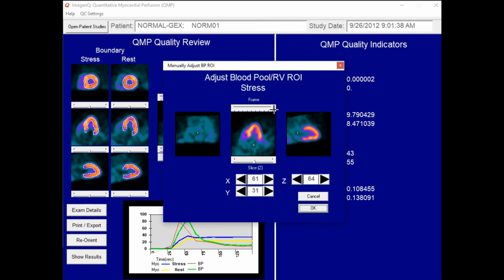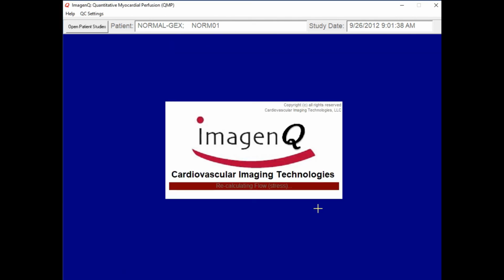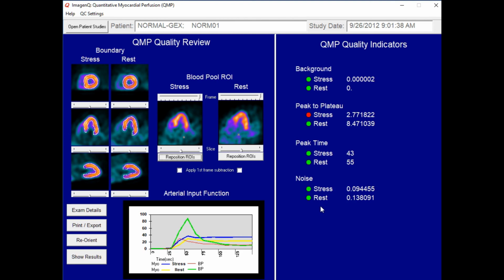For instance, if we had selected an inaccurate blood pool ROI, say over here, this would reduce the peak to plateau ratio and soften the peak, helping us identify that we've missed the central blood pool ROI.